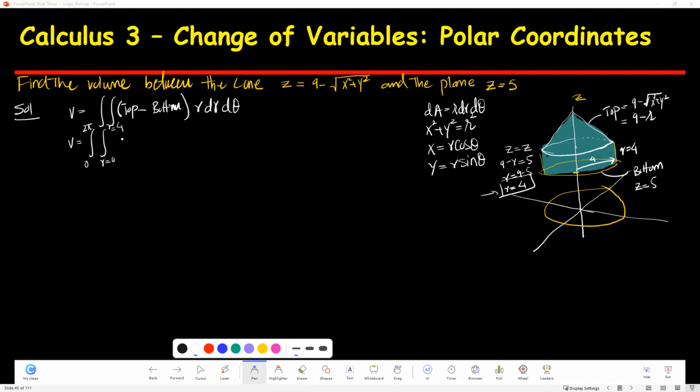I'm going to substitute the top equation 9 minus this, but I need to substitute in the form of r because my expression is in dr and d theta. So I'm going to be substituting the 9 minus r form, minus 5, and r dr d theta.